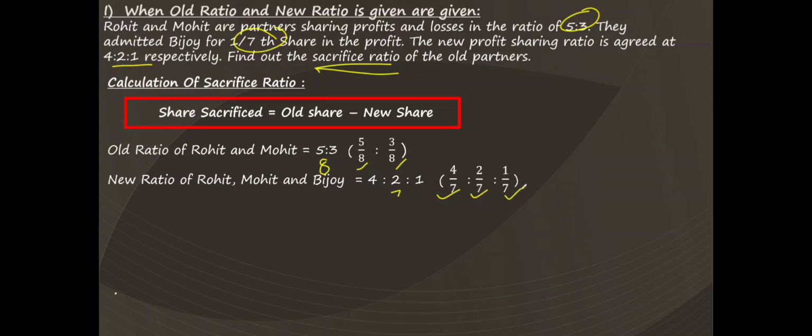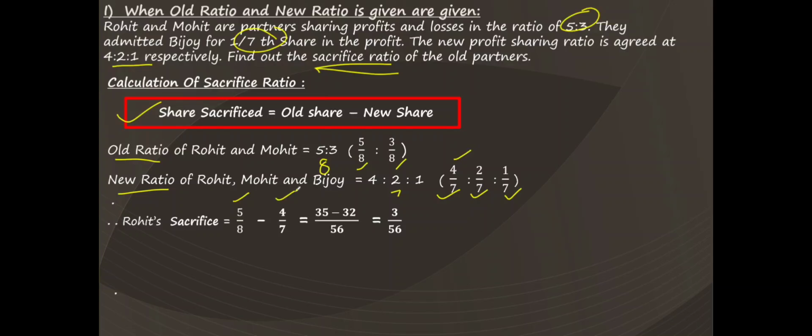So now according to the question, we have the old ratio and the new ratio. We have to substitute this in the formula, share sacrificed equals old share minus the new share. So now let's calculate the share sacrificed. Rohit's sacrifice will be old share 5/8 minus the new share 4/7.